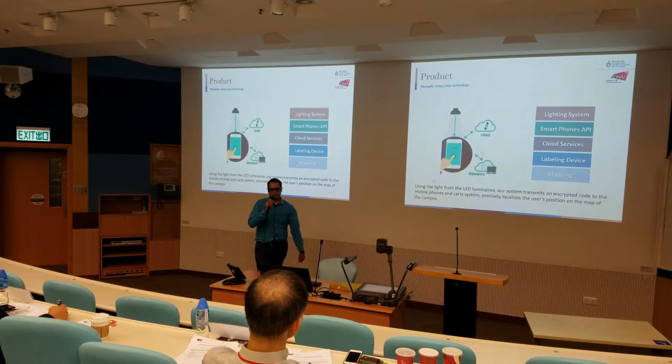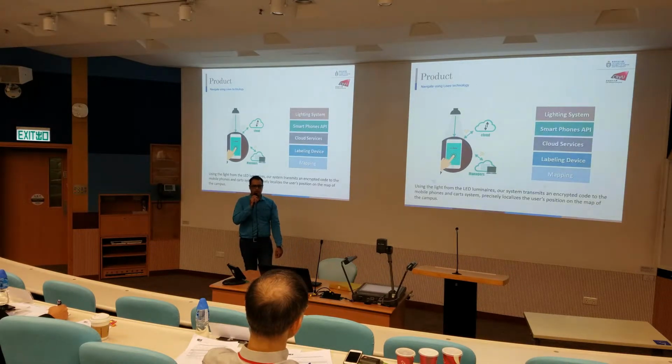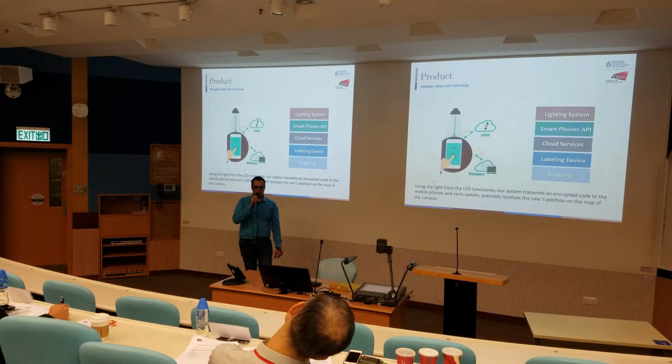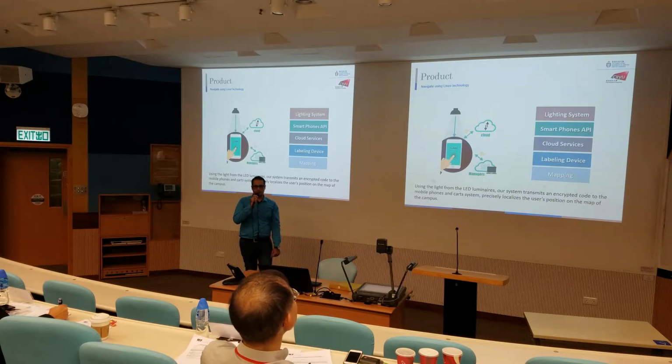So our product basically involves the lighting system and smartphone APIs for the mobile apps, so that venue owners or managers can use our APIs to get the data, and a cloud service for the consumers.